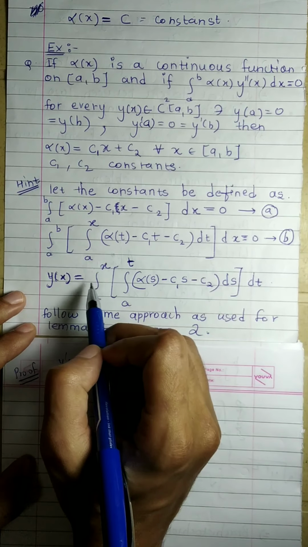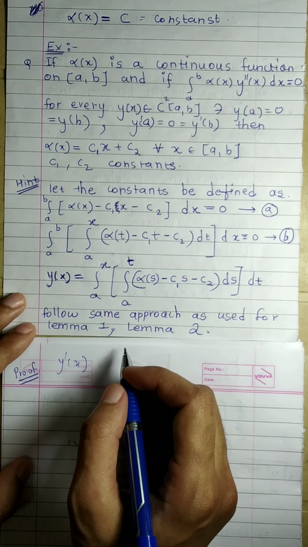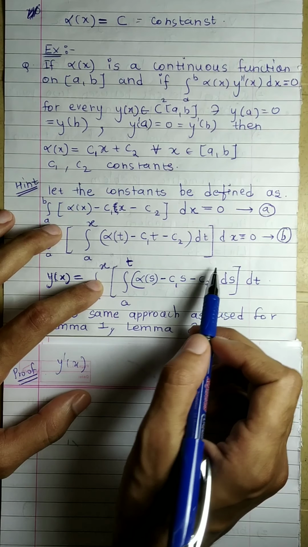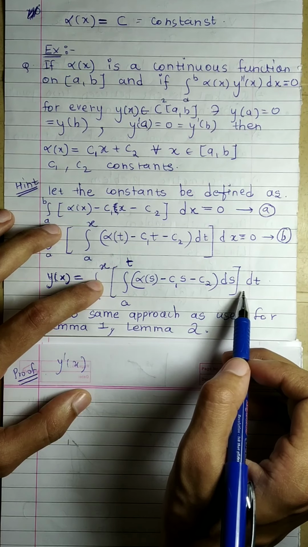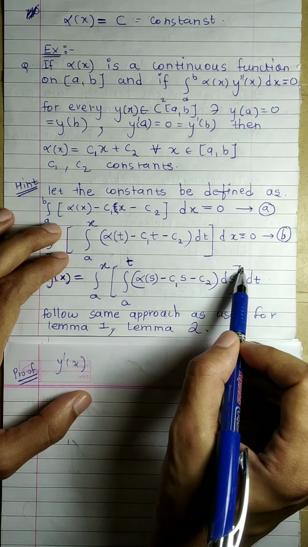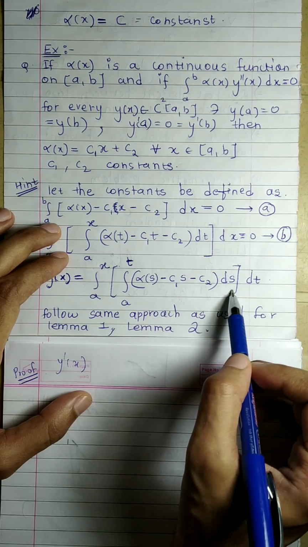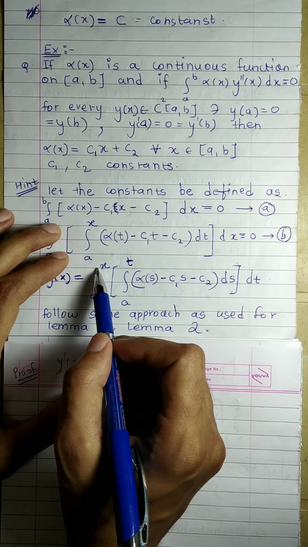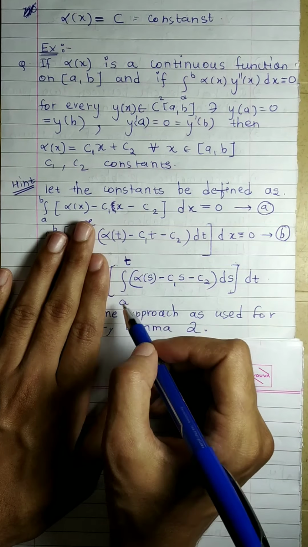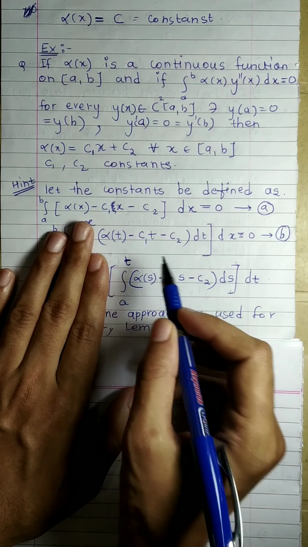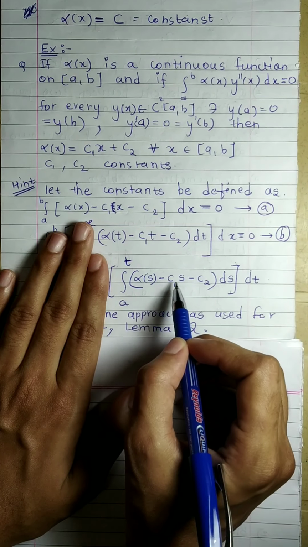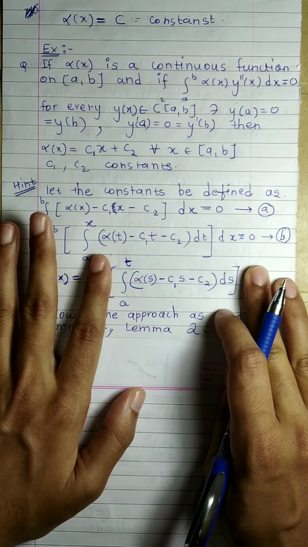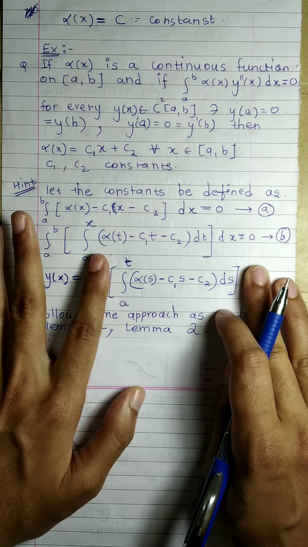Once you take it inside, it will be the partial derivative with respect to x of this, which will be equal to 0, plus in this quantity, wherever there is t, you put the upper limit, which is x. So we will get integral from a to x of alpha of s minus c1s minus c2 ds. Okay, this will be the y dash at x.